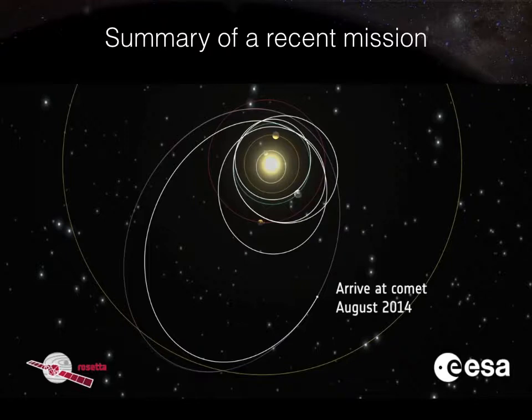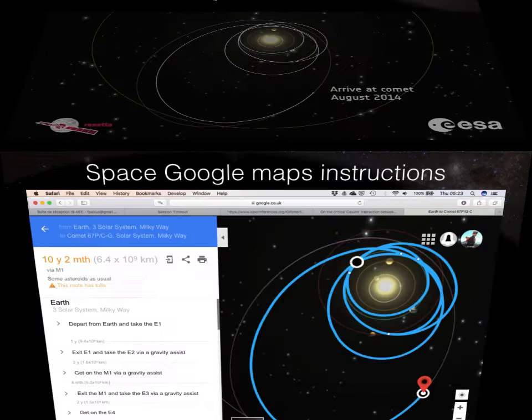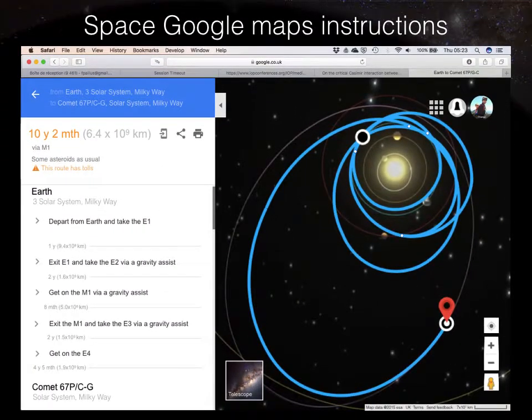Now, the way I would present them is I will imagine that I have access to some space Google Map in some future in my browser, and I'm asking Google Map, okay, I want to go from the Earth to this comet 67P, and how do I do that?